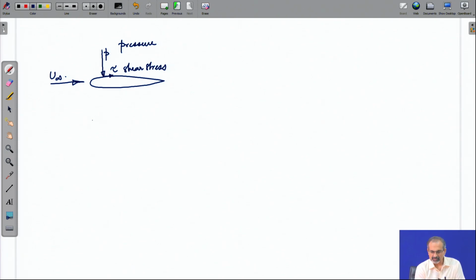And as a consequence, because of the distribution of pressure and tau on the airfoil, what happens finally is a resultant force is produced and a resultant moment is produced. By convention, we take the moment to be positive if it is going to pitch up the nose of the airfoil. That means, it has a tendency of increasing the angle of attack of the airfoil.